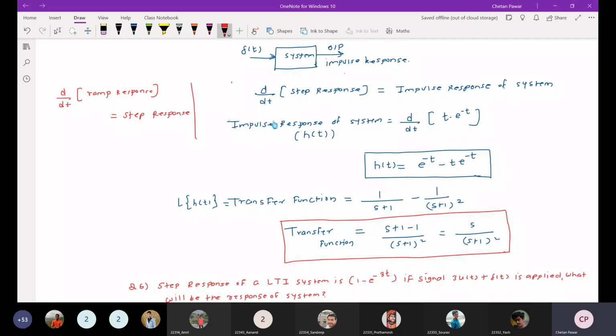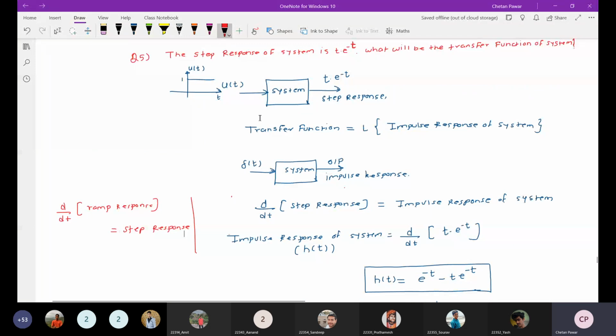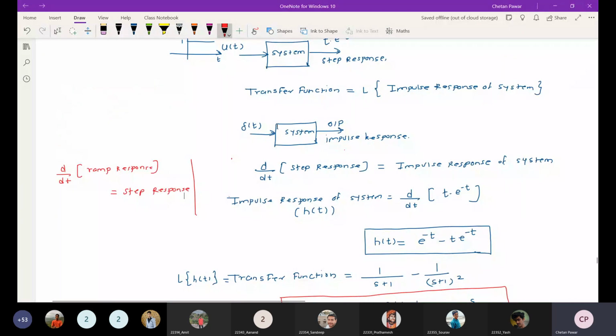Like this, this identity also you can apply. When you apply the impulse signal to the system and take a Laplace transform of the impulse response, we get the transfer function. If you talk about any LTI system, where h of t is the impulse response, and we apply del of t, we get the impulse response as output.